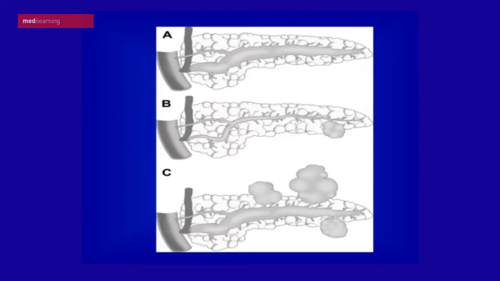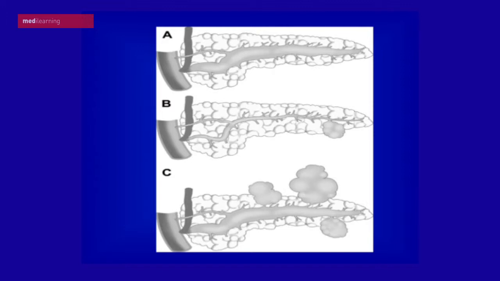Moving quickly on to IPMT, this diagram really describes what IPMT is composed of. Main pancreatic duct dilatation is main duct IPMT. This is what's called side branch IPMT. Simply, the cystic dilatation occurs in one of the little side roads off the pancreas.